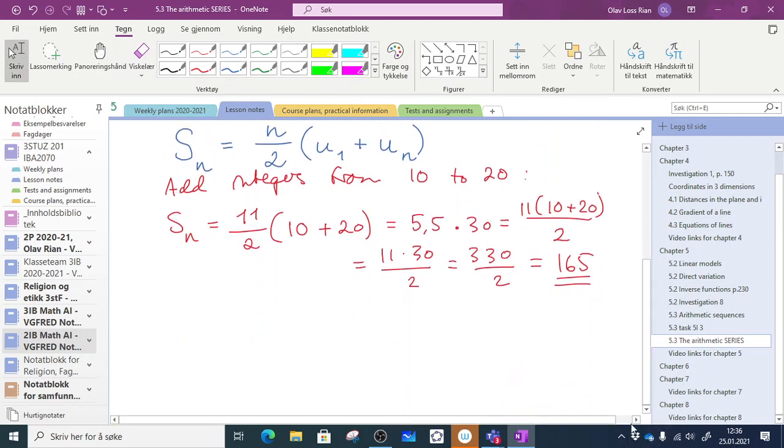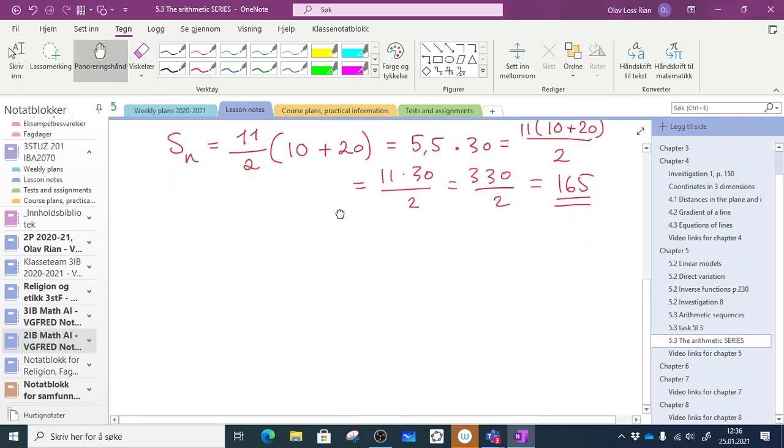A little bit about sigma notation. This is dreaded by students all over the world. But it's kind of nice. So let's start with the definition of a series.